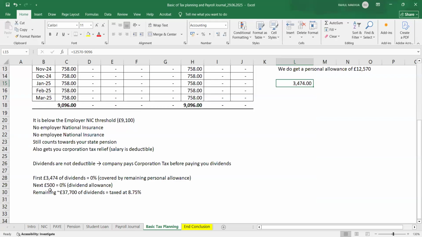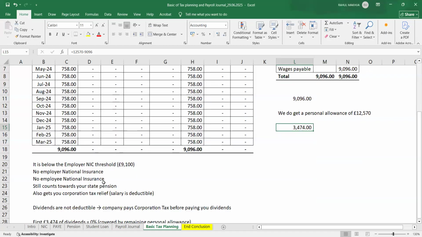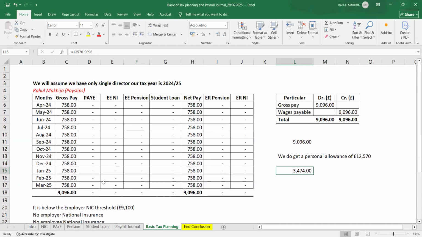So for the remaining amount till 37,700 of dividend, it is taxed at 8.75%, and the rest you can get as dividend from the company.